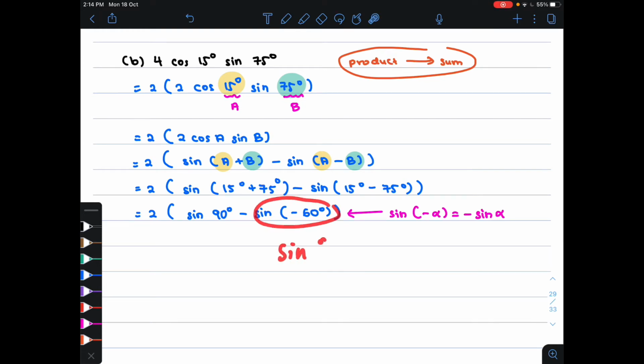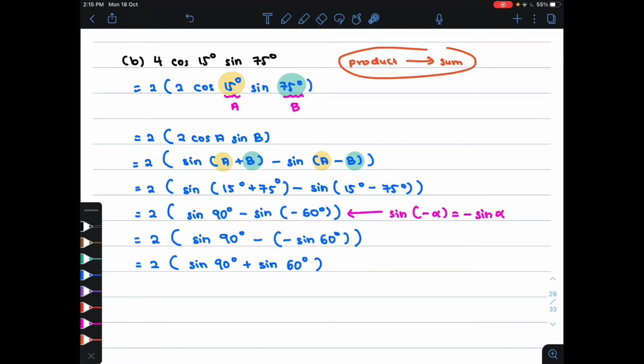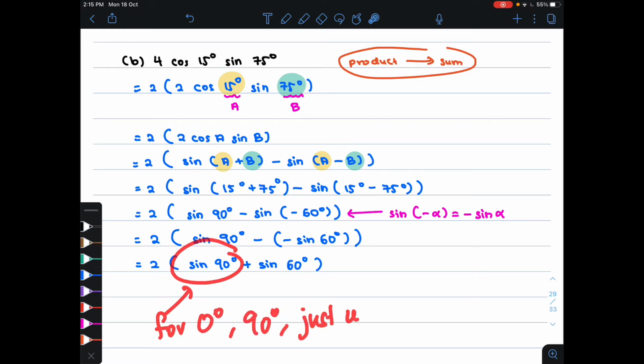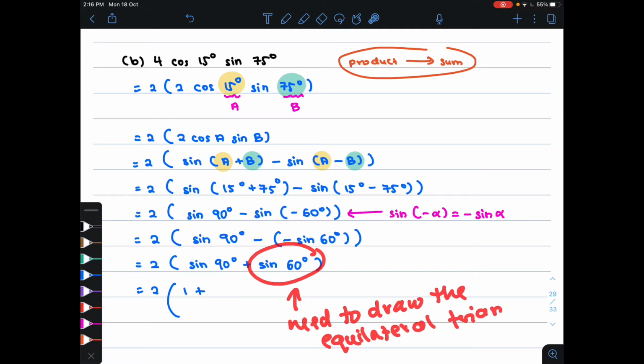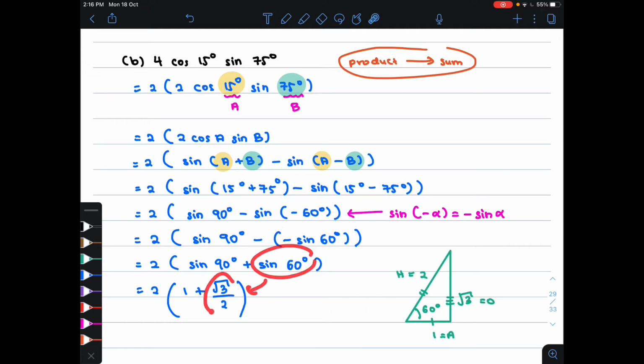Therefore, sin negative 60 degree is negative sin 60 degree. And the final answer is 2 plus square root 3.